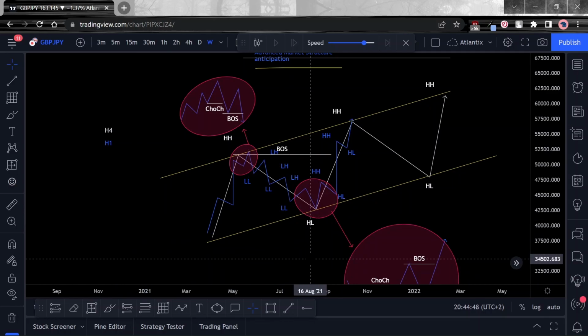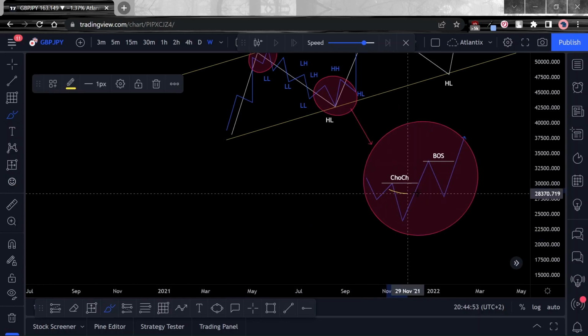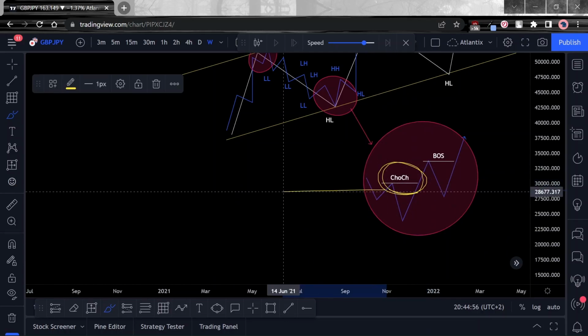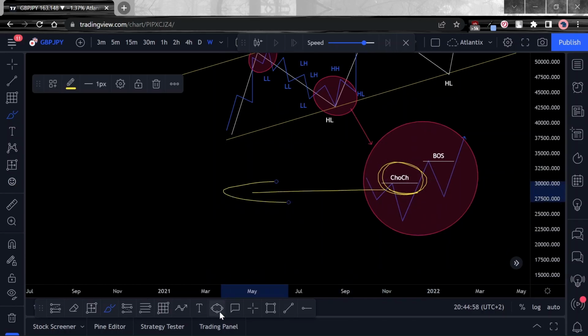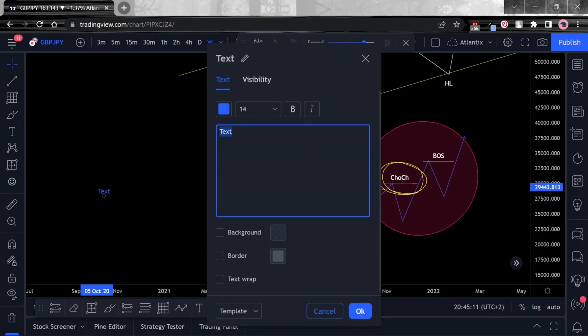Okay, so let's talk a little bit about this thing called the change of character, right? There are some rules we need to observe if we're going to be trading the change of character successfully. So the first rule we need is, let me write this way, ChoCh rules.